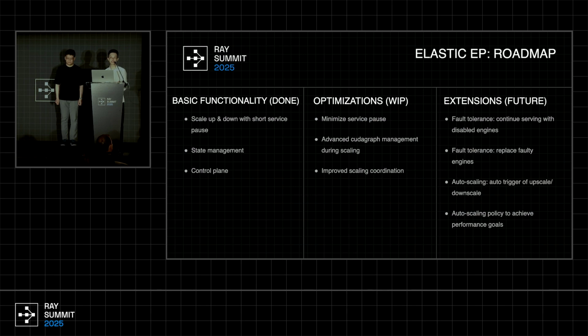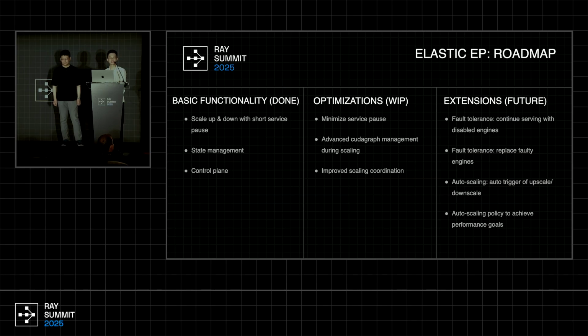And here is the overview of our roadmap. Currently, we already have the basic functionality of elastic scaling implemented, and we are working on the optimizations we previously talked about. In the future, we will work on extensions on this framework, like fault tolerance. How can we continue to serve requests with some GPUs disabled?